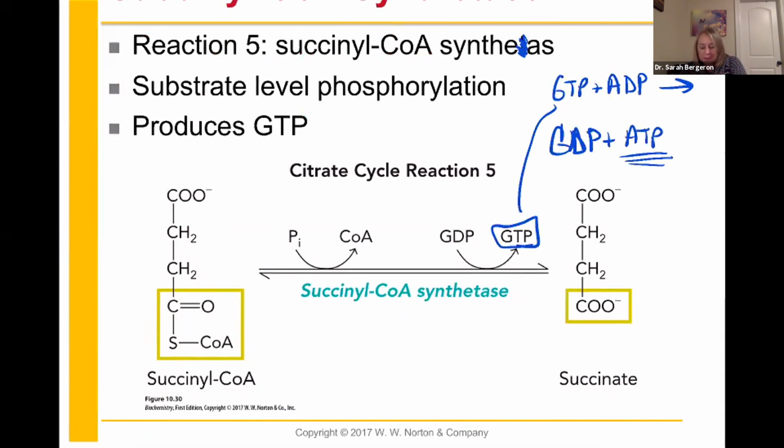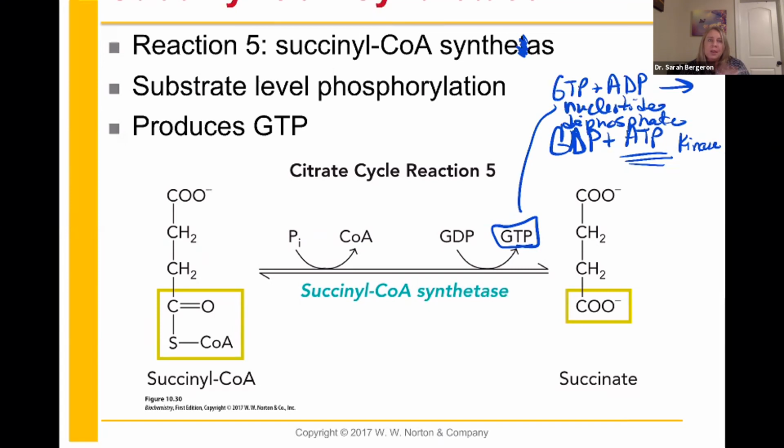So we have our enzyme, nucleotide diphosphate kinase, right? And so that's the enzyme that catalyzes that reaction. And it's really important that it does that, and it does that very, very quickly, right?